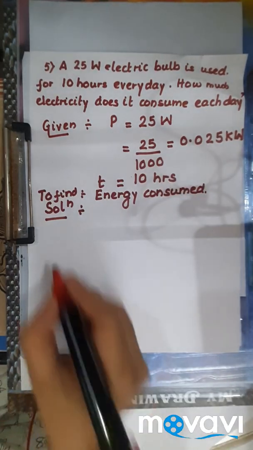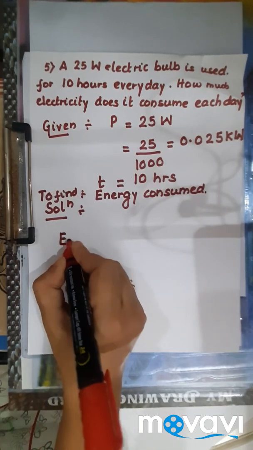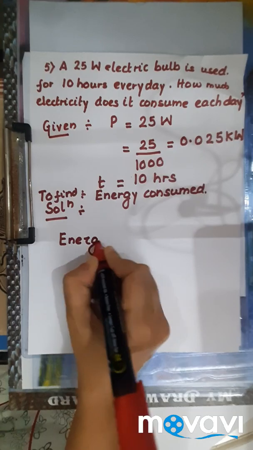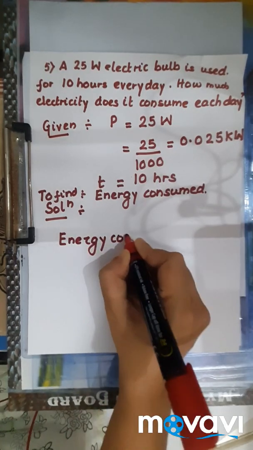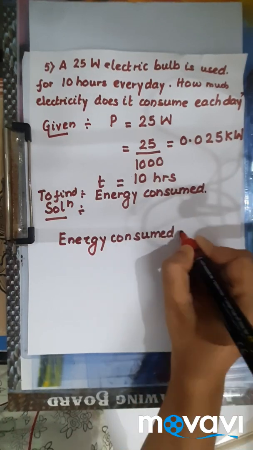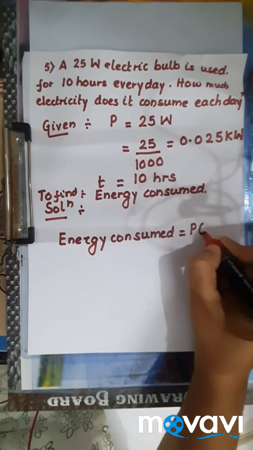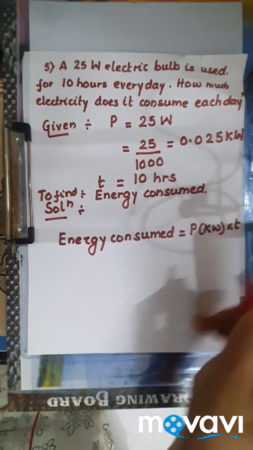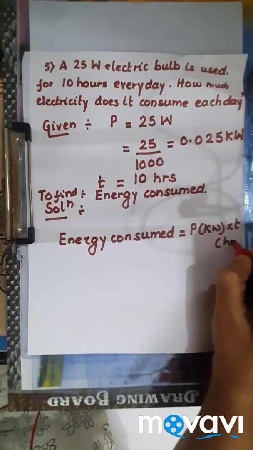So energy consumed, okay, I gave you this formula, is equal to power, but the power has to be in kilowatts, into time. Time has to be in hours, right?